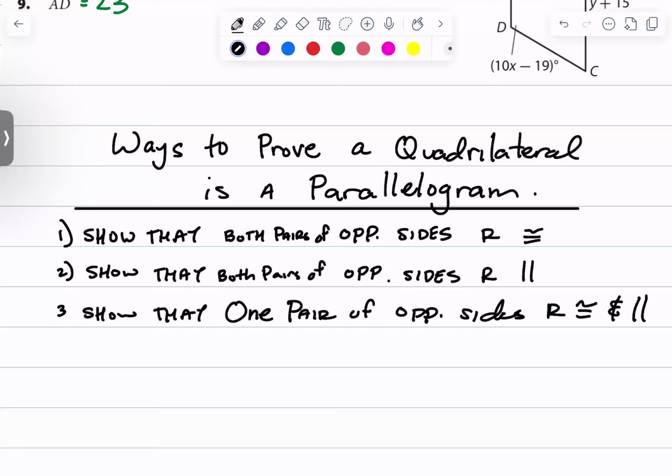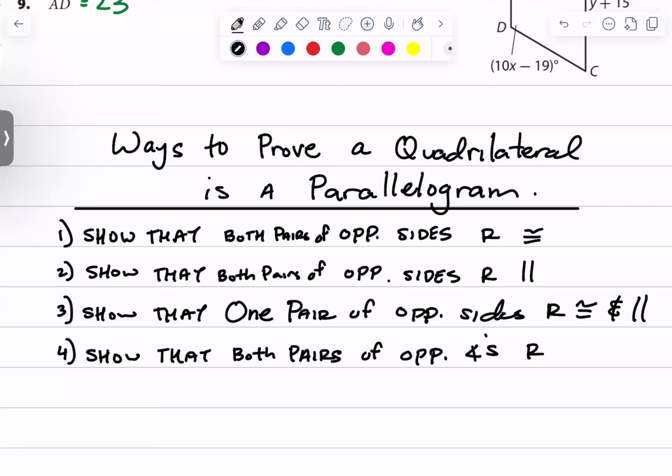The fourth way, show that both pairs of opposite angles are congruent.